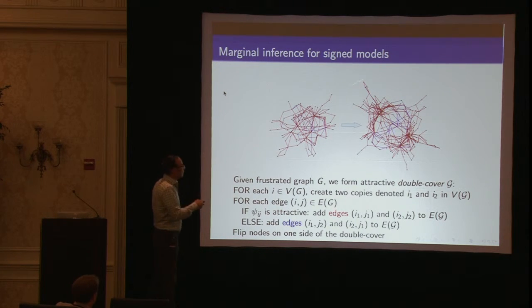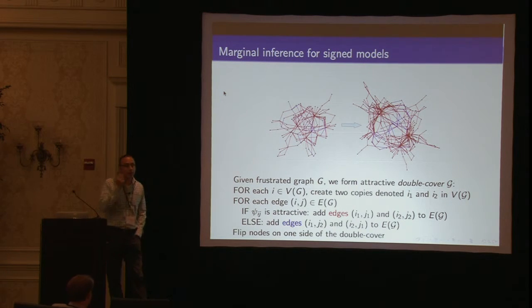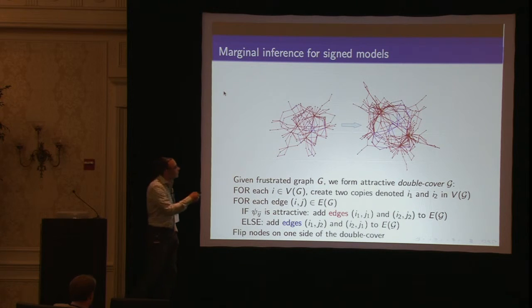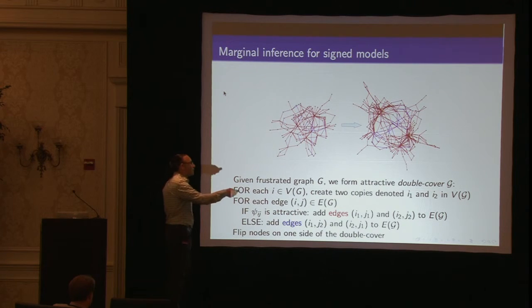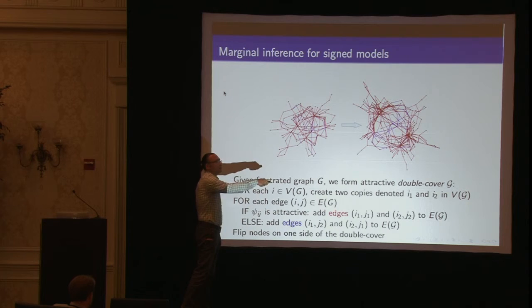So we do have frustrated cycles in here, but the key is this is going to be only red edges here and only red edges here and blue edges between them in the double cover construction. So this effectively says you only get repulsion between nodes and their clones, but not internally between the originals and internally between the clones.